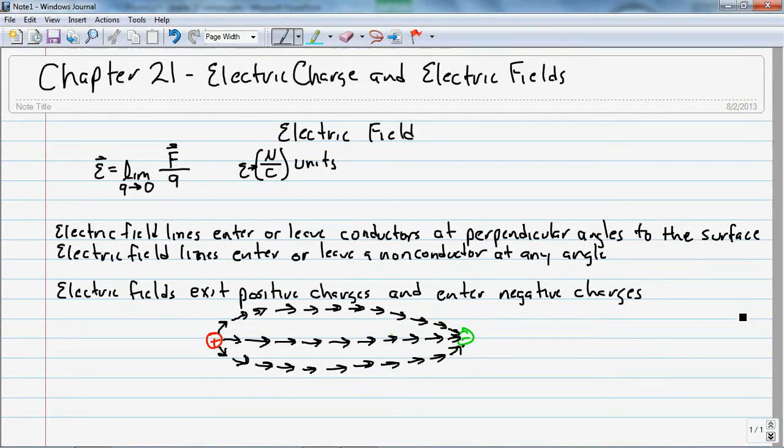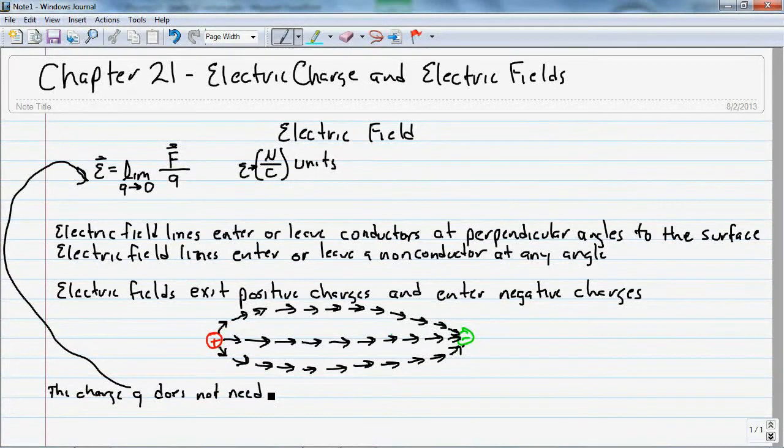Now, this charge that we put into the field doesn't have to be a point charge. So the charge Q that we're referring to in this equation does not need to be a point charge.